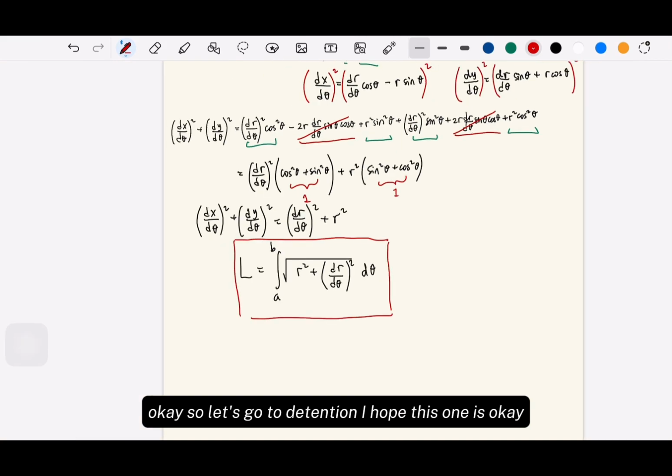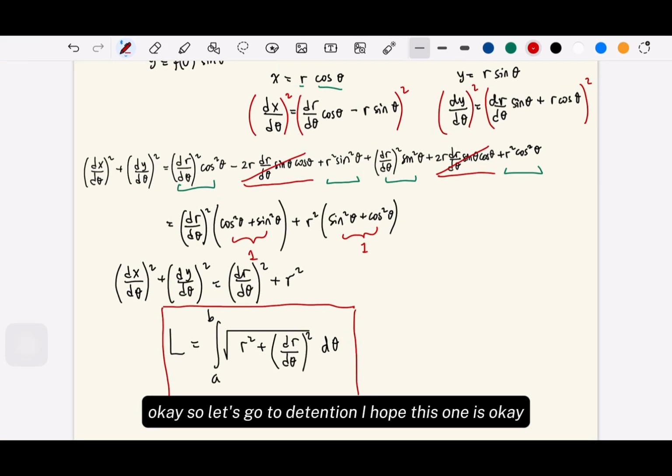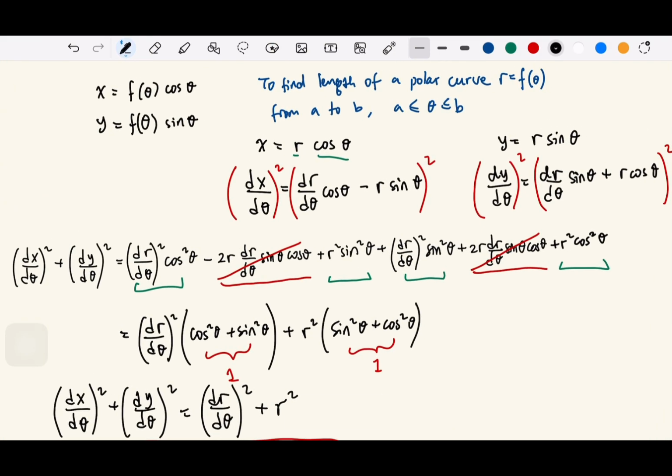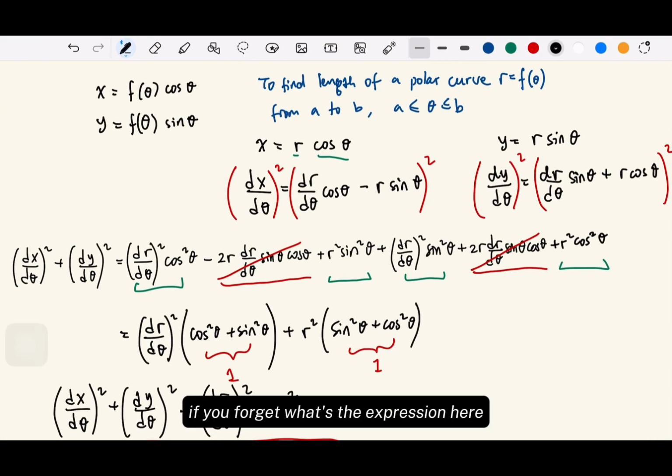Okay, so let's go to the tangent. I hope this one is okay. So basically, if you forget what's the expression here, you can try to take x as r cosine and y as r sine, and then take the first derivative, means product rule, take squared, and then plus the result, and try to simplify it using the trigonometry identity, and you will get that it will result in this.